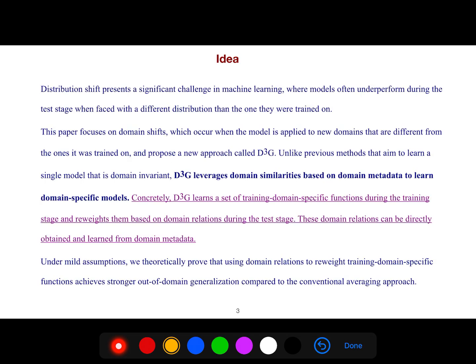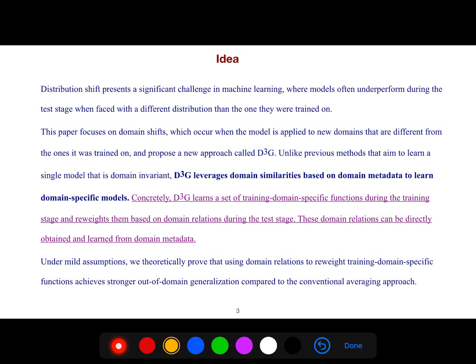So distribution shift presents a significant challenge in machine learning, where models often underperform during test stage when faced with a different distribution than the one they were trained on.